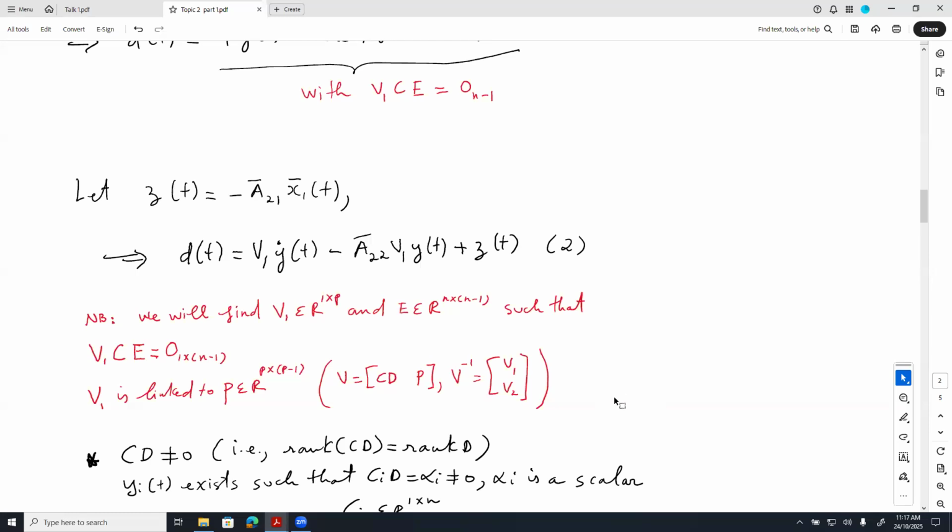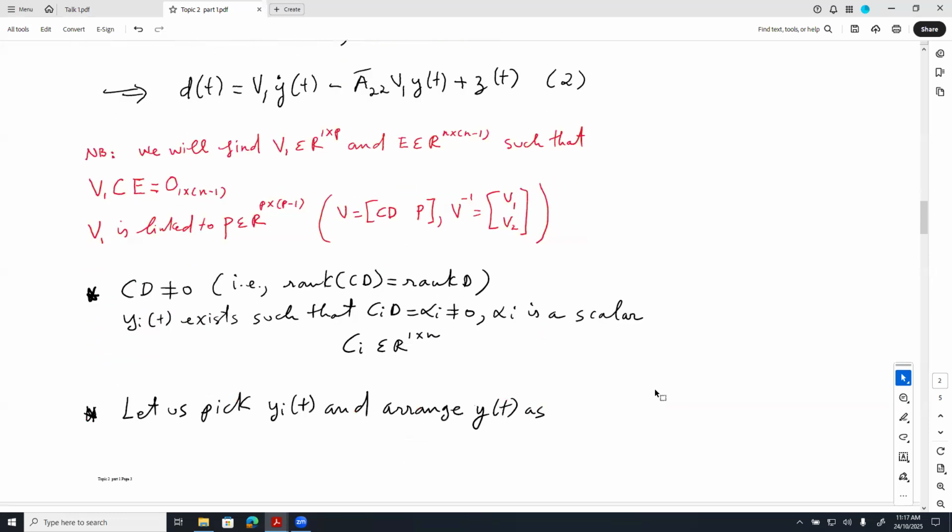So to proceed further, let us consider the following analysis. Now, according to the assumption that the product C D is non-zero, in other words, the observer matching condition holds, then C D is a column matrix.